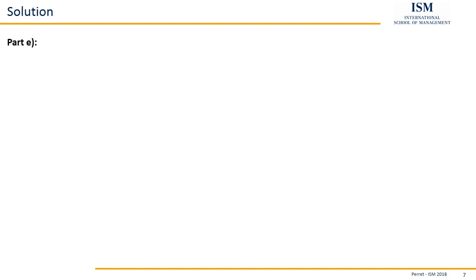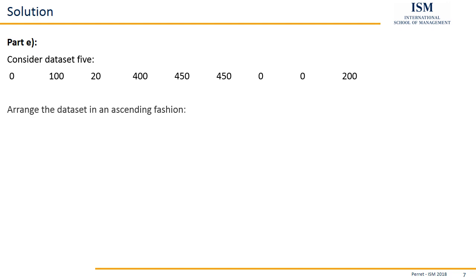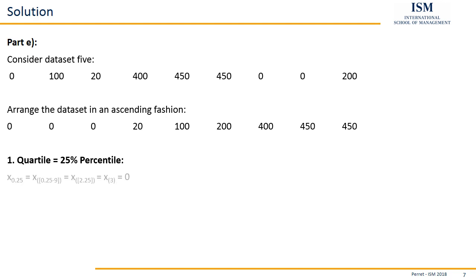Then we're at the 5th part, part E. Again, take the data set, order it in an ascending fashion, and consider first the first quartile. Here we have only 9 observations, so we calculate 0.25 times 9, giving us 2.25, rounded up to 3, and at the third position we find 0.